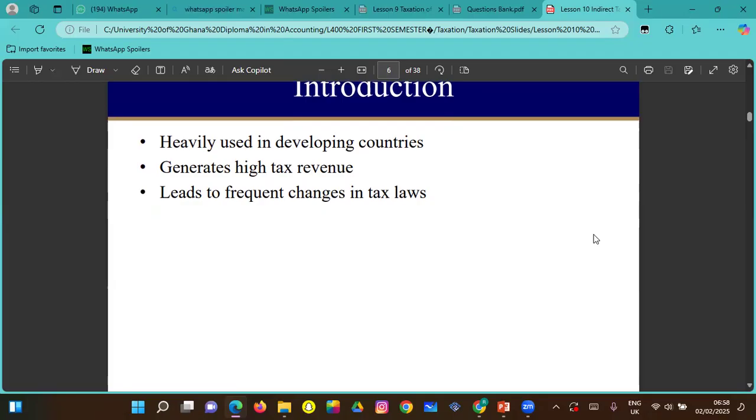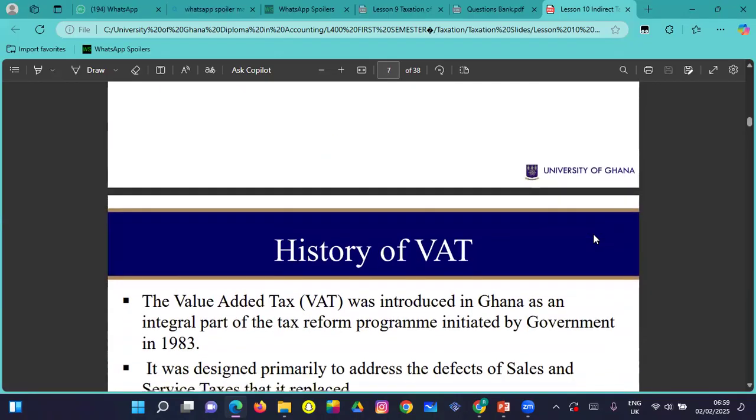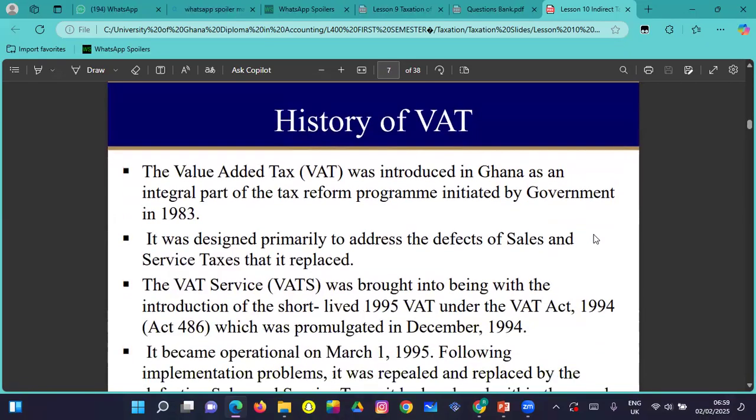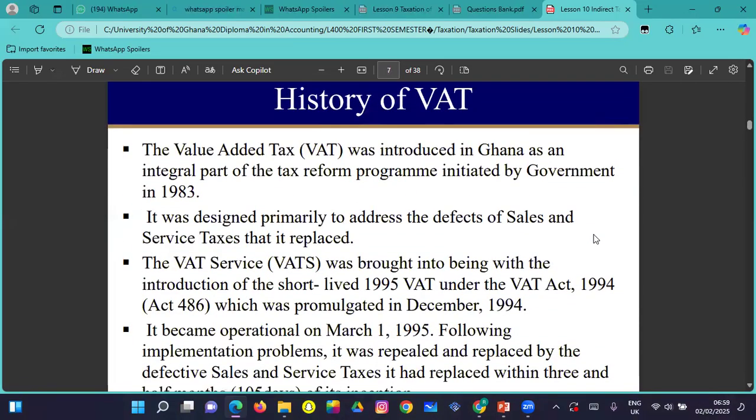It is automatic, and it generates high revenue because everyone pays it. It also leads to frequent changes in tax laws. When the taxman wants to increase the revenue he gets from taxes, one of his main targets is the value added tax, because he will increase it to make it fit his or her budget. So this is some of the history of VAT.